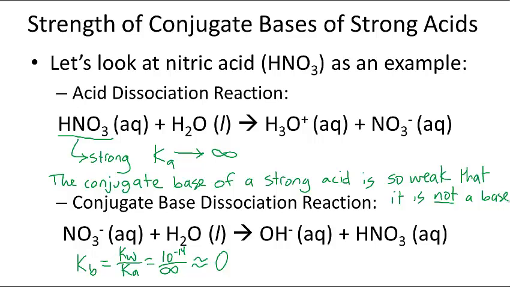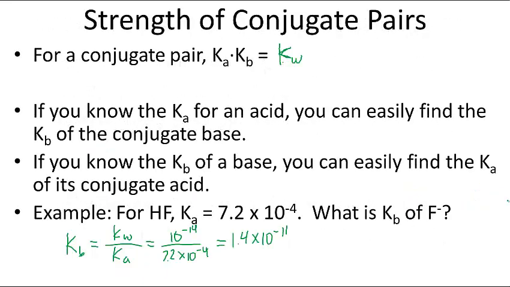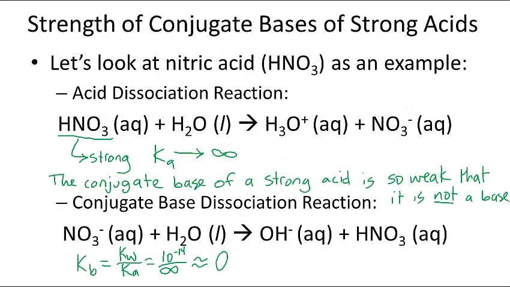What does OH minus become if it grabs a proton? H2O. So, you know, with a strong base, it's a little bit different. So don't think of strong acids and strong bases as being the same thing. They're fundamentally different. So it doesn't work exactly the same way for strong bases.